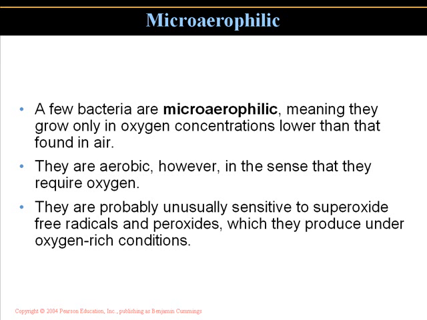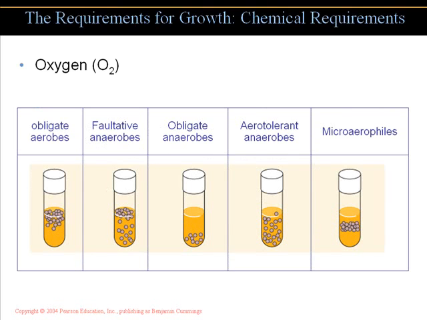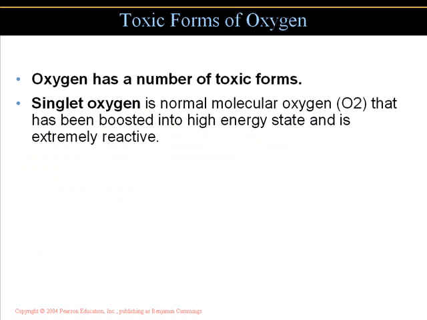They are usually sensitive to superoxides, free radicals, or peroxides, which are typically produced in oxygen-rich conditions. And these are just the different categories. Again: obligate aerobes, facultative anaerobes, obligate anaerobes, aerotolerant anaerobes, and microaerophiles, which can exist in the presence of oxygen.